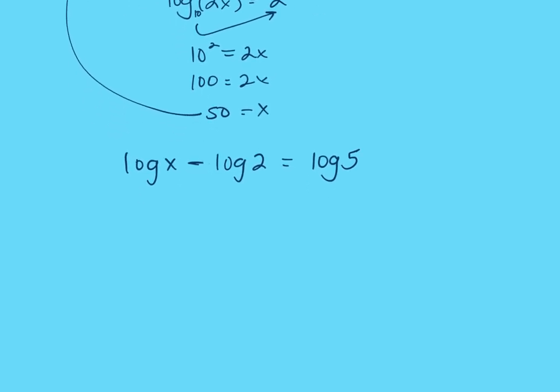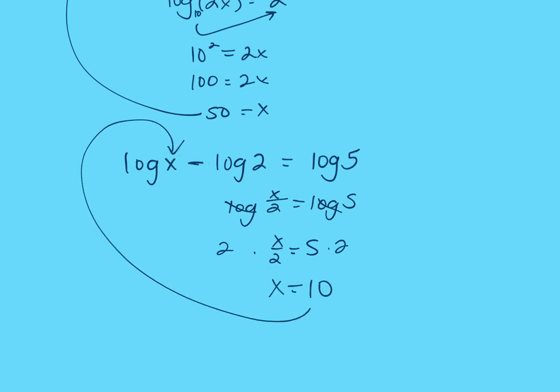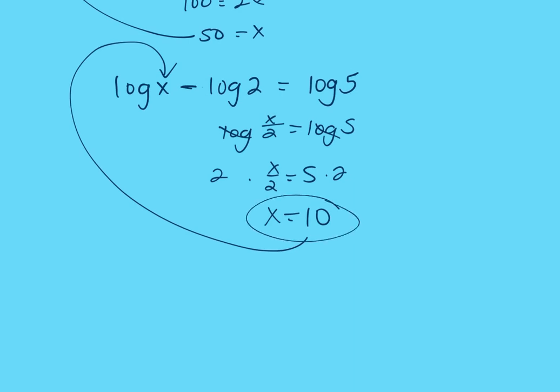If when I condensed, I still had a log on either side of the equal sign, so this would have become log of x over 2 equals log of 5. I have my one-to-one property. I ignore the logs. I'd get x over 2 equals 5, multiply both sides by 2, x would equal 10, and then check it. It's positive, so I know I get to keep it.